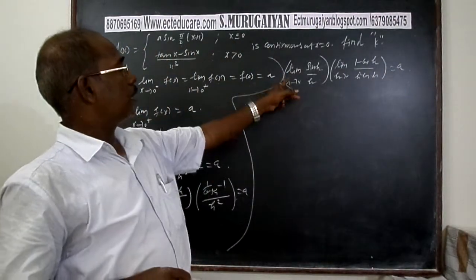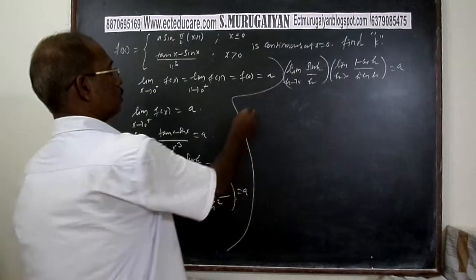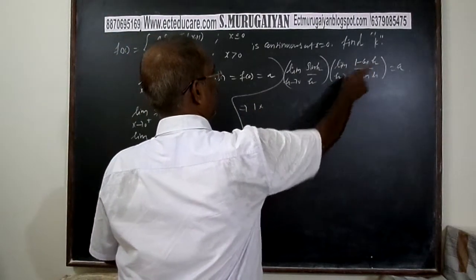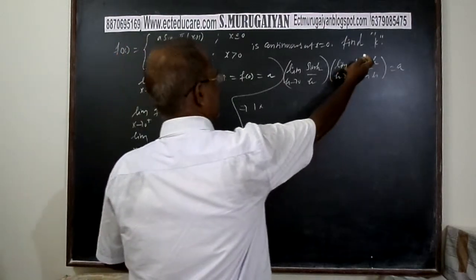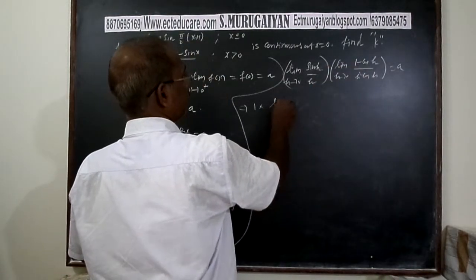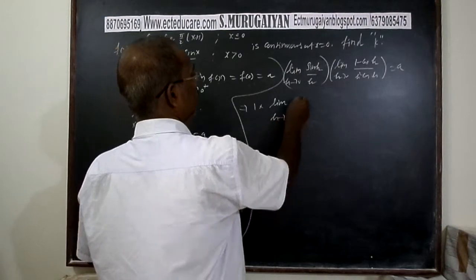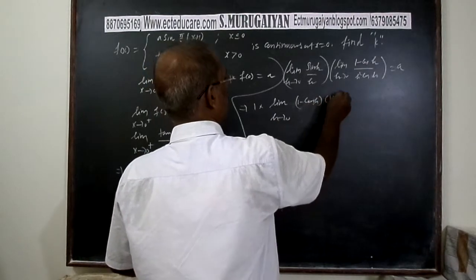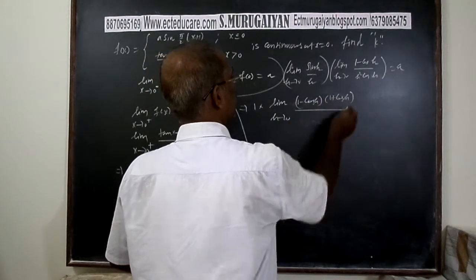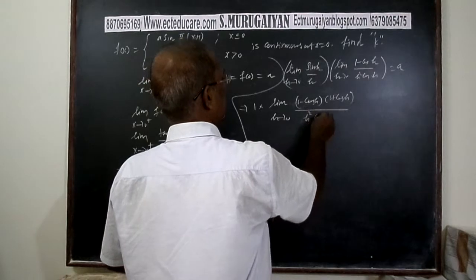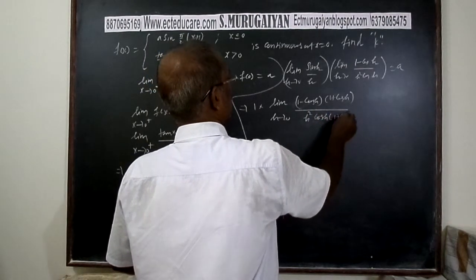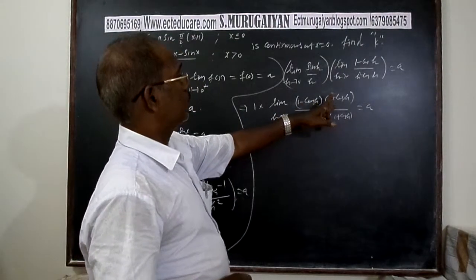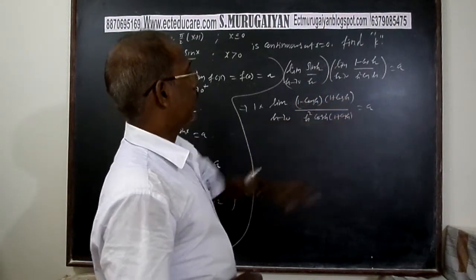By Samuel's theorem, the limit of the first factor is 1. So we can take the conjugate: limit h approaches 0, (1 minus cos h) into (1 plus cos h) by h square into cos h into (1 plus cos h) equal to A. Now (1 minus cos h) into (1 plus cos h) is sin square h.